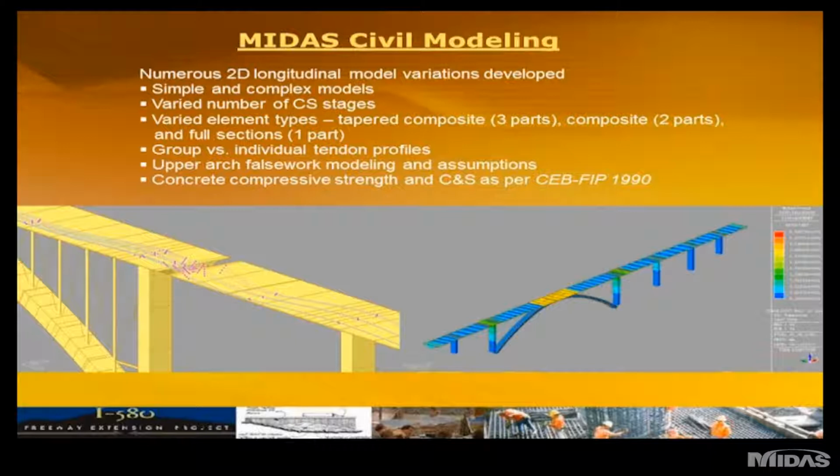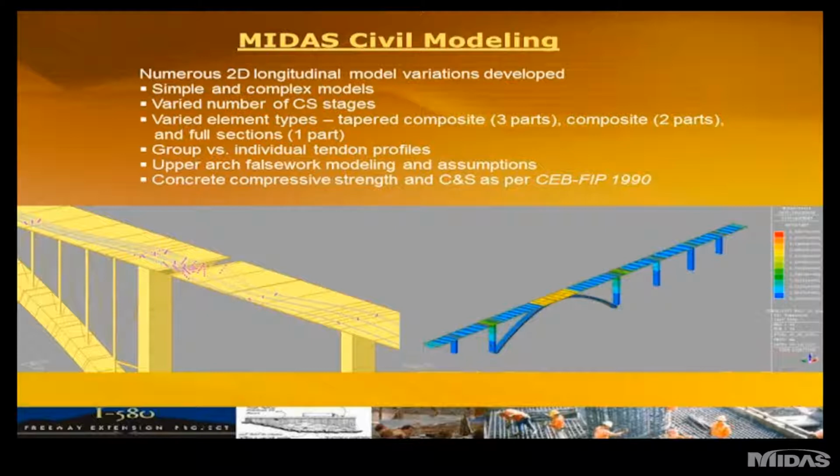The simple models had less construction stages, single element pours, group tendons, whereas the complex models had a larger amount of construction stages to model the exact casting and sequencing that the contractor used in the field.